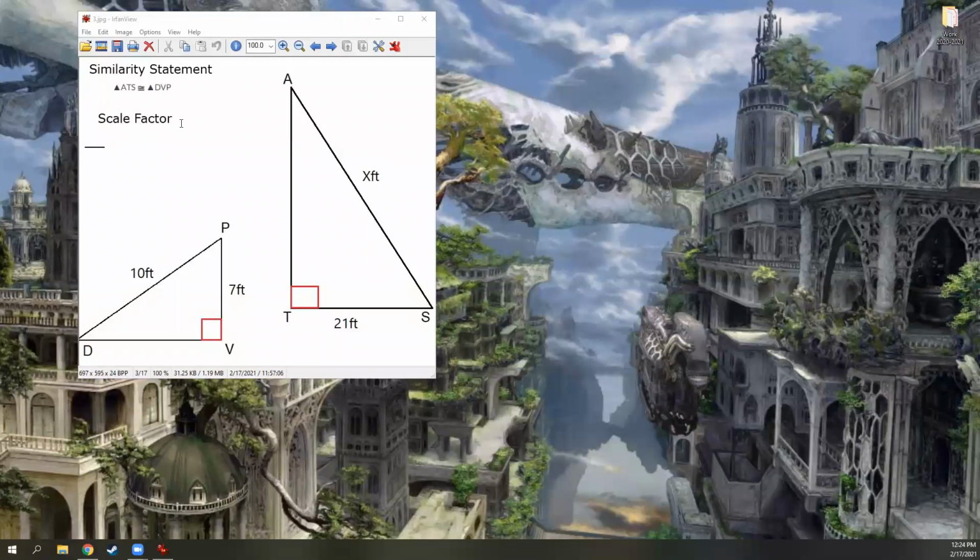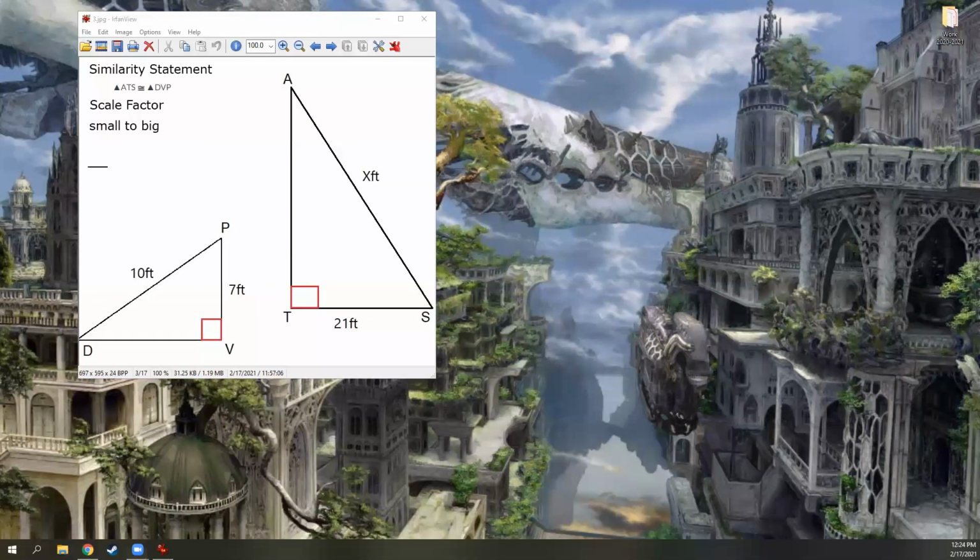So scale factor from small to big, right? Small triangle to big triangle. This would be much easier on a whiteboard, just so you know. Okay, so scale factor, small to big. I'm going from the small to the large.